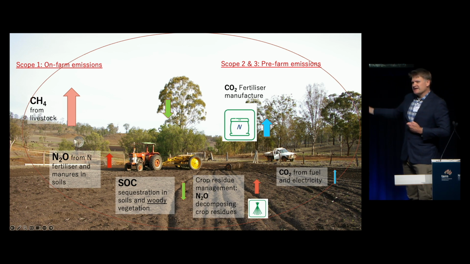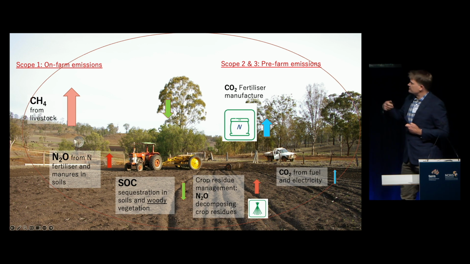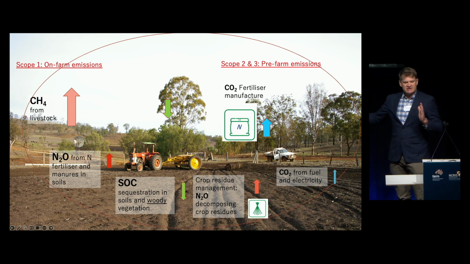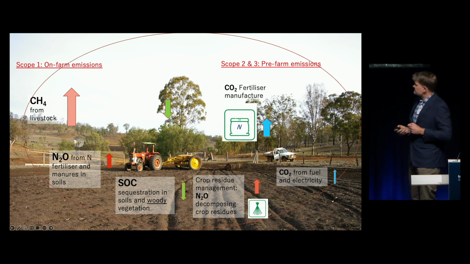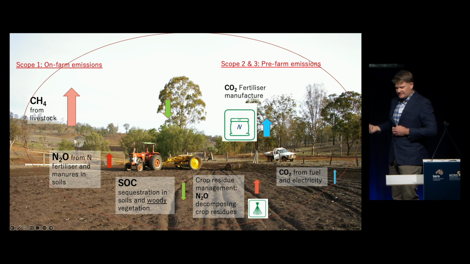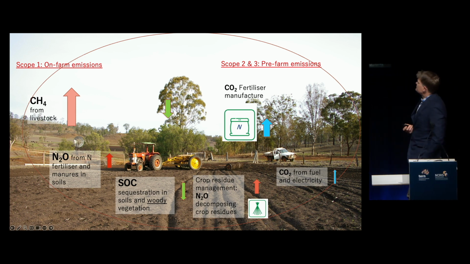We're looking at how do we actually do something about mitigating some of these emissions and looking at storing carbon into our systems. But we need to have long-term data sets to be able to show, is that possible? What forms is that soil carbon stored in? And ultimately, what management options are available to make sure that that carbon stays there into the future.